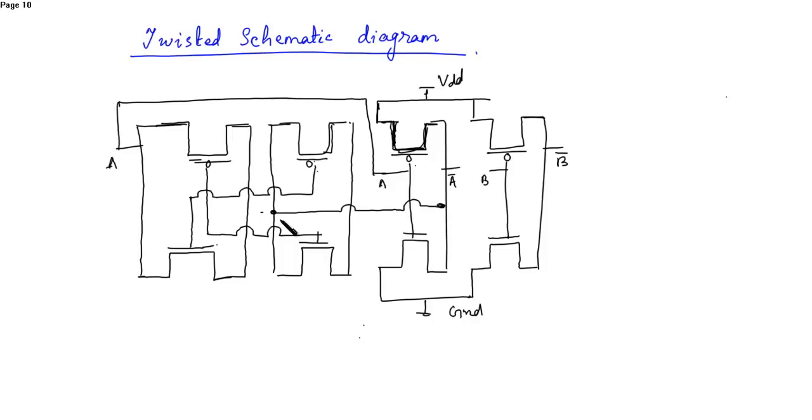Now the output is these two drains. So these two drains are again shorted in order to get the output out. You can see the schematic is looking a bit clumsy, but you can draw the layout from this schematic.